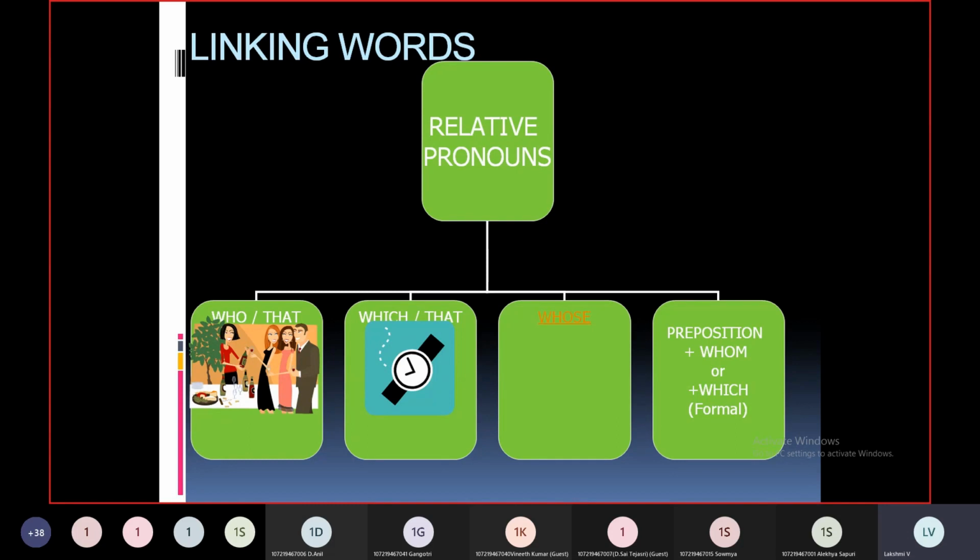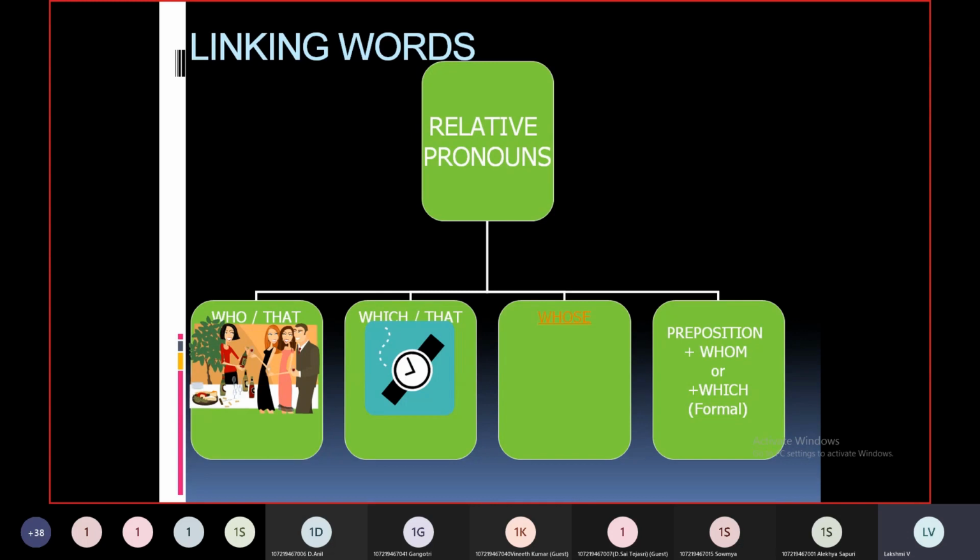The tall man is talking to the woman. The woman whom the tall man is talking to is the CEO.